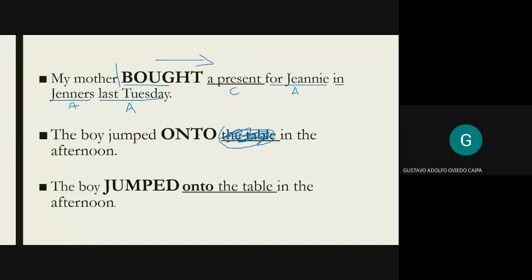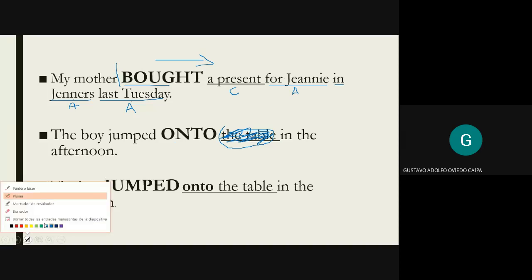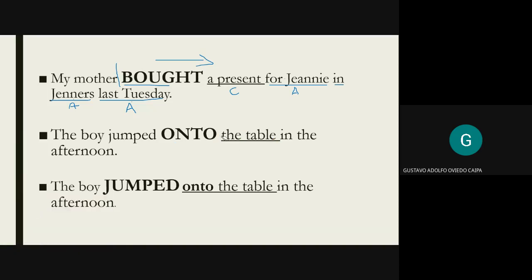The boy jumped onto in the afternoon. That's not grammatical. That sentence is impossible to be understood. That means that this element, this onto, needs the table. So the table will be a complement for onto in this case.